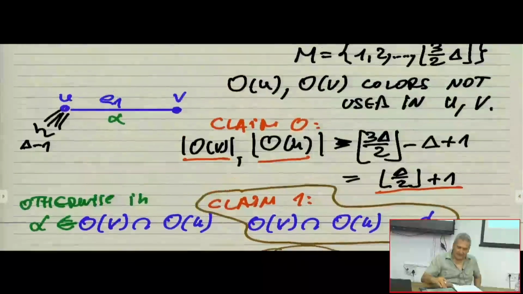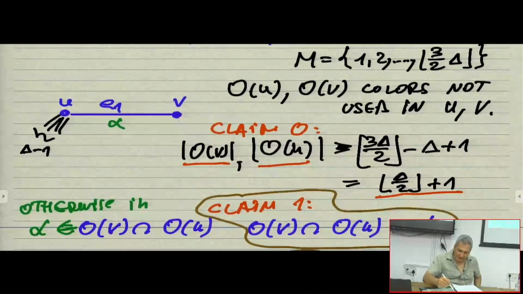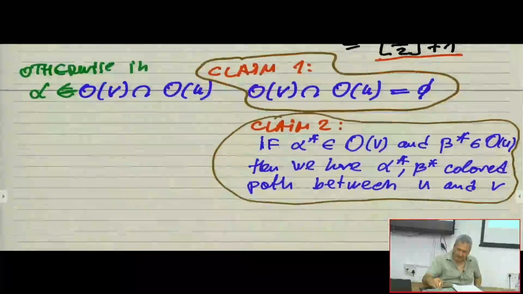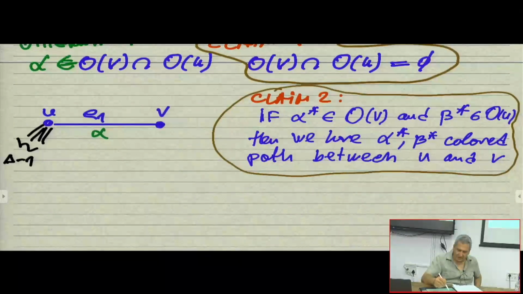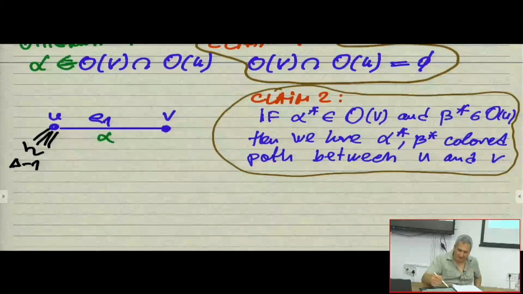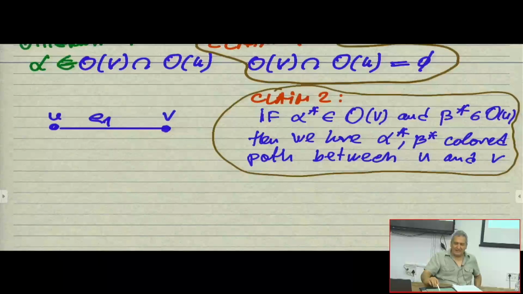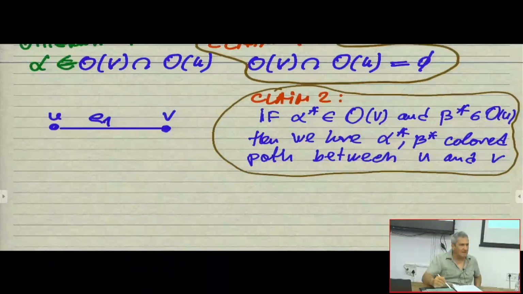So let's take this drawing a little lower. Alpha star doesn't belong to the missing colors of V, so it must appear at U: we have here an edge colored with alpha star.